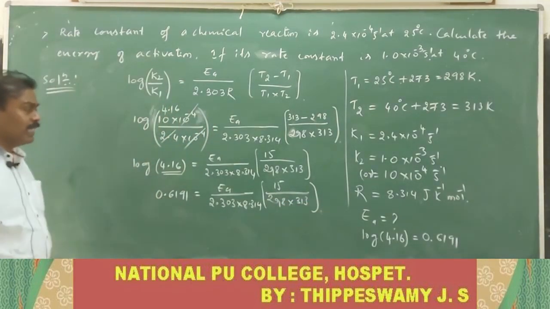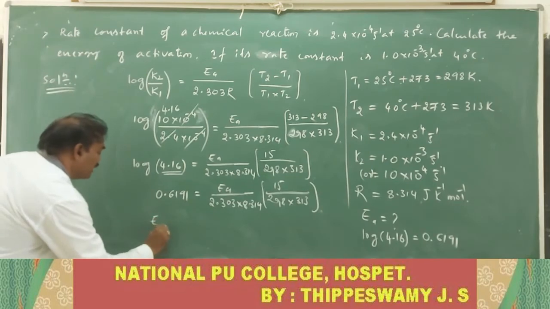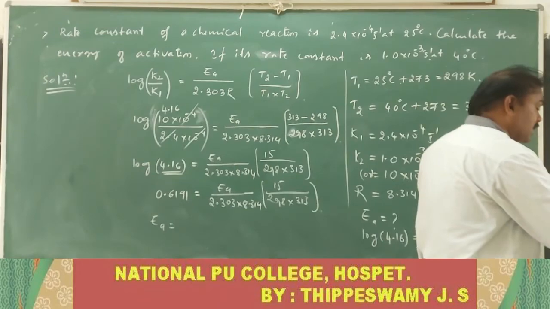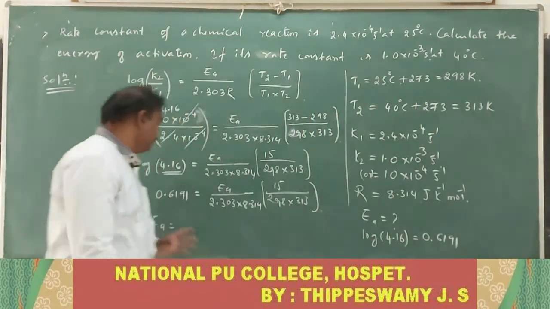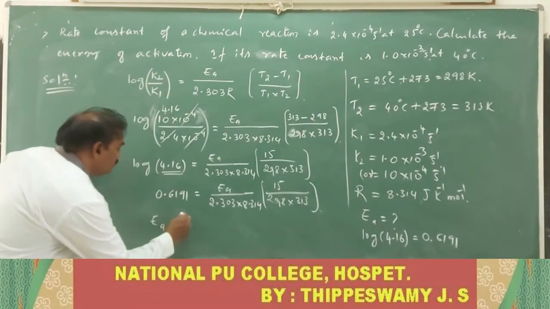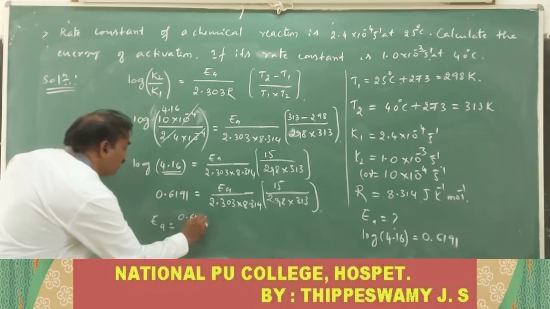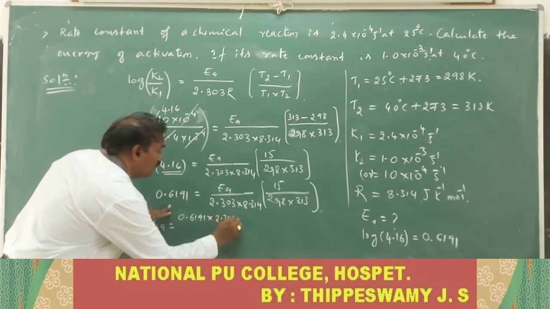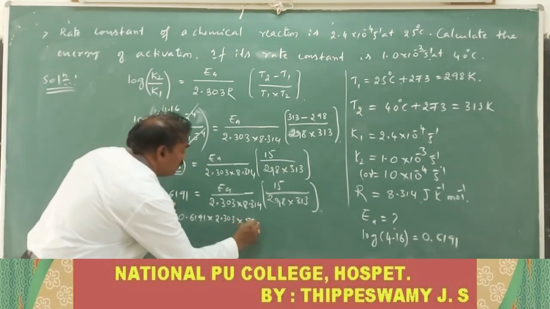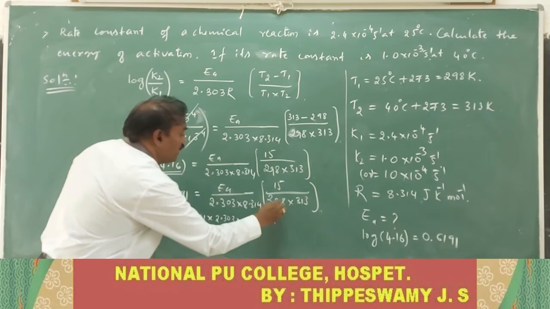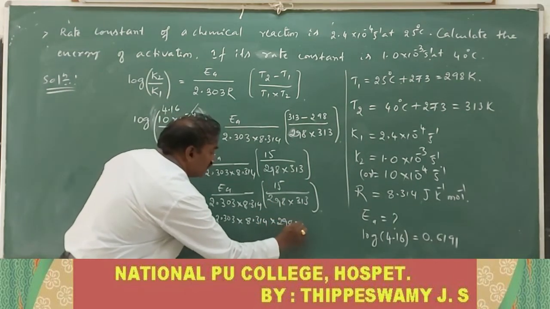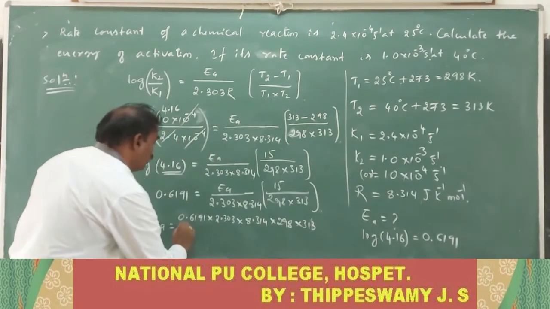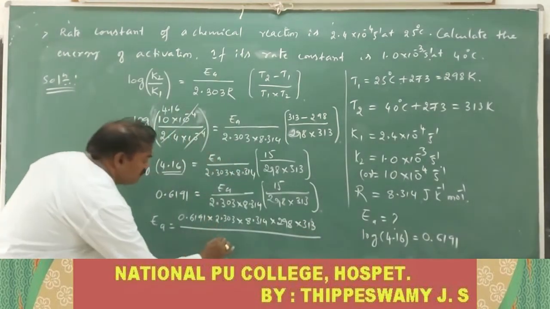And finally you write one more step: activation energy EA is equal to, can you tell me now? Activation energy EA is equal to, you simplify this again, 0.6191 into 2.303 into 8.314, into 298 into 313, whole divided by 15.